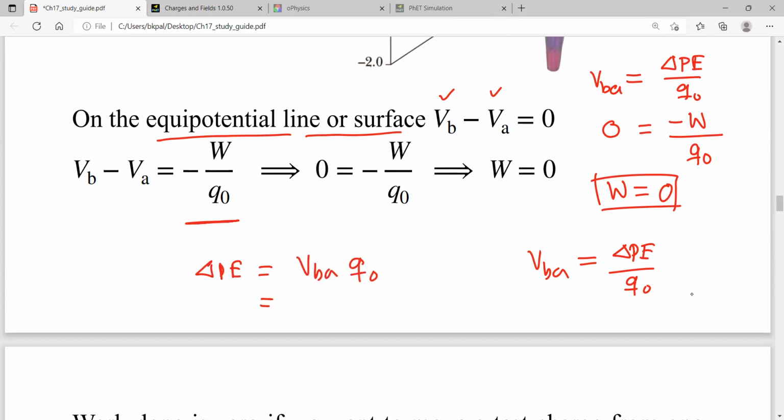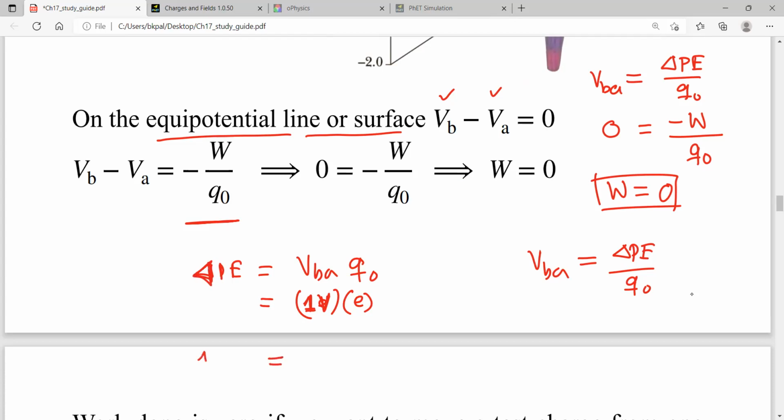Now, if the potential difference is 1 volt, and we have a charge which is an electron, and I move this electron through this potential difference of 1 volt, then the change in potential energy we get is the electron volt.